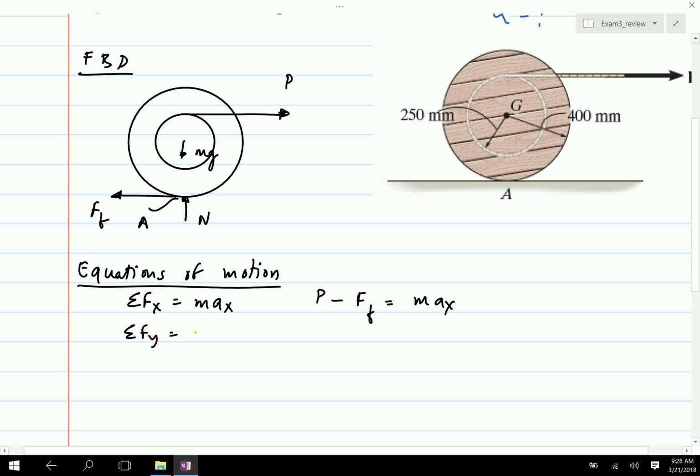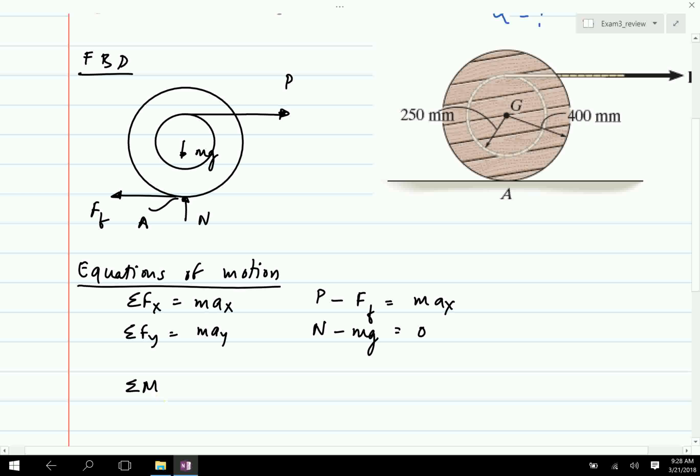For the y direction, the net force is N upwards, so it's positive, minus mg, which is downwards, equals mass times acceleration in the y direction, which is 0, so that equals 0.